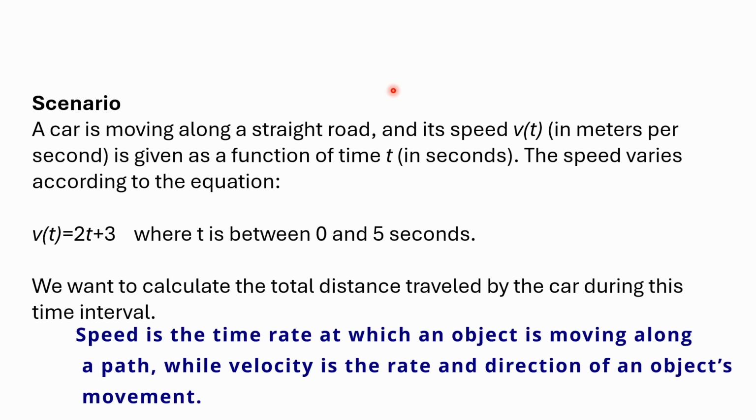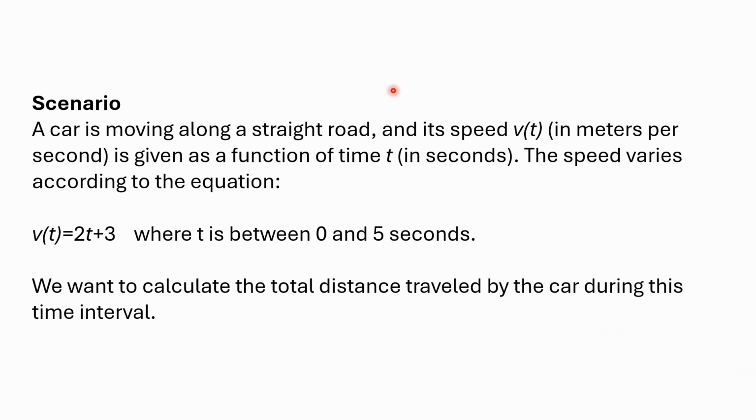Say you have a car moving along a straight road, and its speed v of t, in meters per second, is given as a function of time in seconds. In this case, the speed varies according to this equation: v of t equals 2t plus 3, where t, the time, is between 0 and 5 seconds.